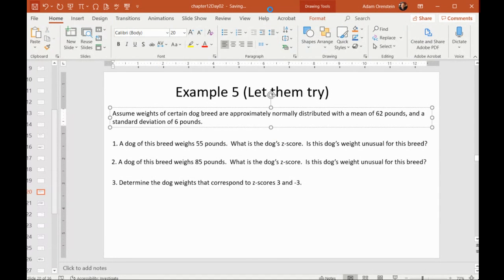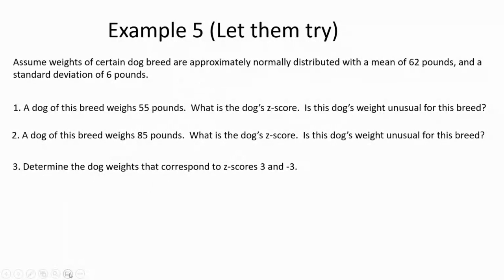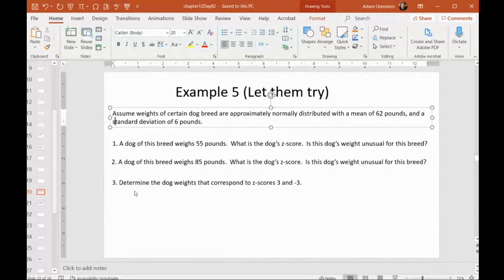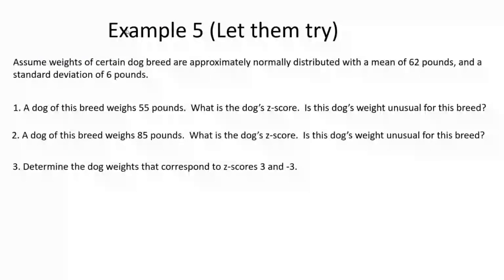What's happening here is this: we have this dog breed, and we're given that the weights are approximately normal, normally distributed with a mean of 62 pounds, and the standard deviation, we're told, is 6 pounds.